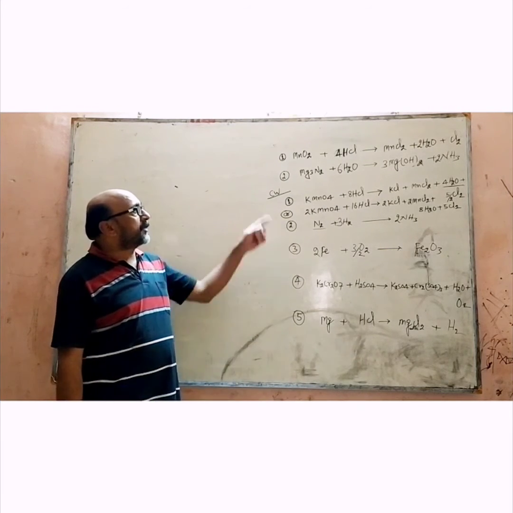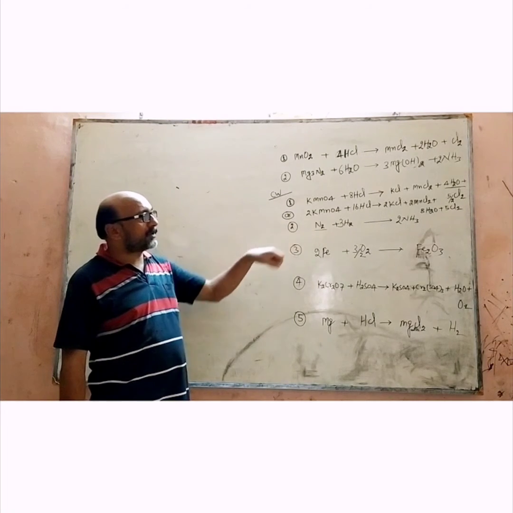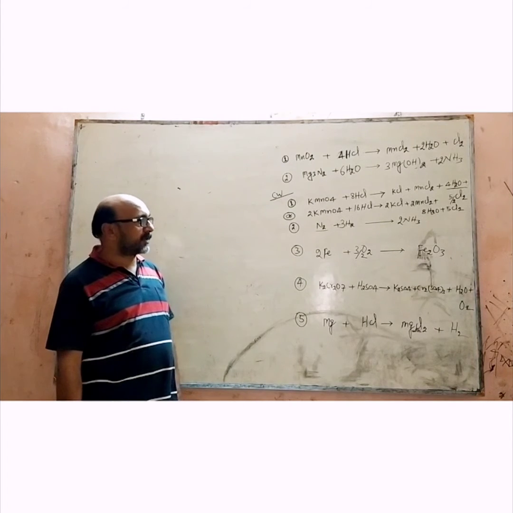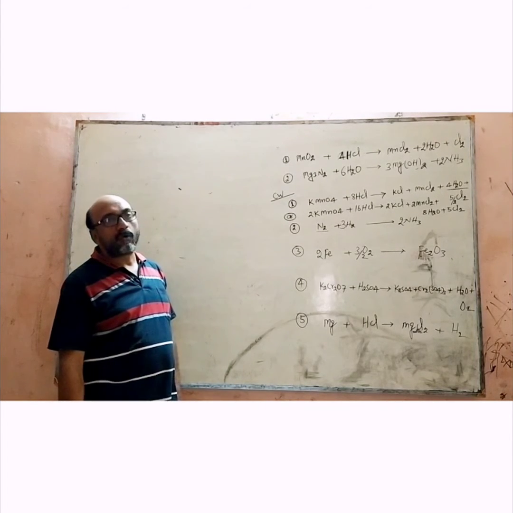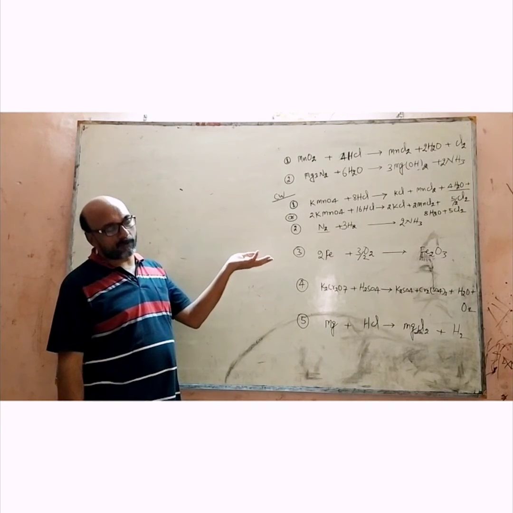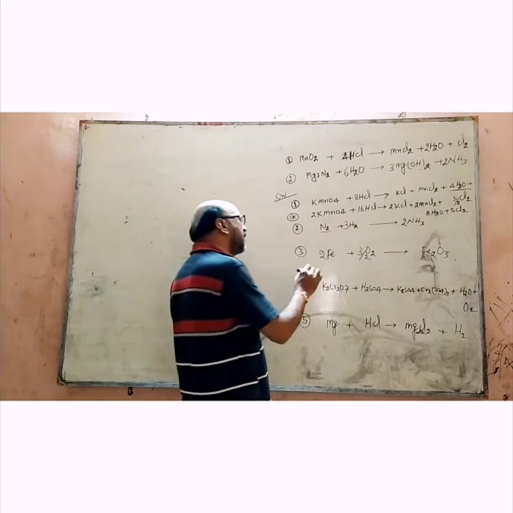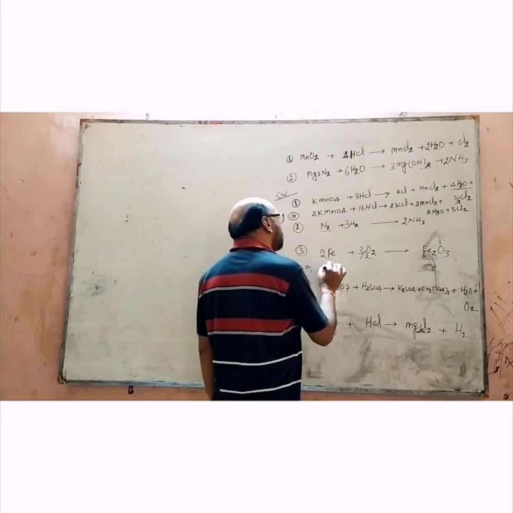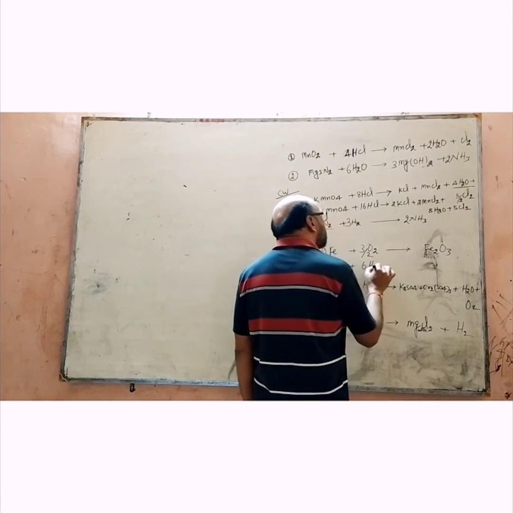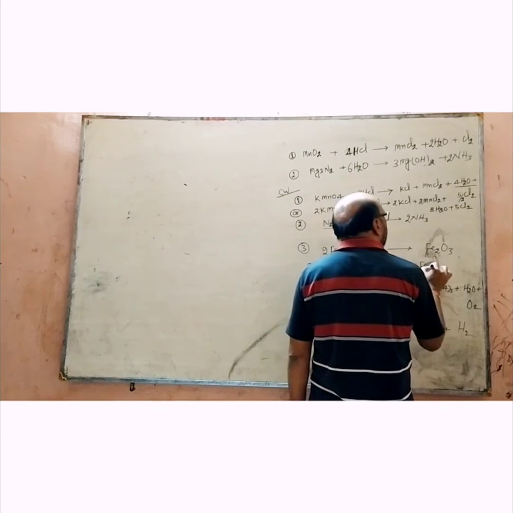Like the first equation, we can also write the number of oxygen molecules in this equation as a whole number. So we multiply the whole equation, meaning both sides of the equation, by 2. So you will have 4Fe plus 3O2 gives 2Fe2O3.